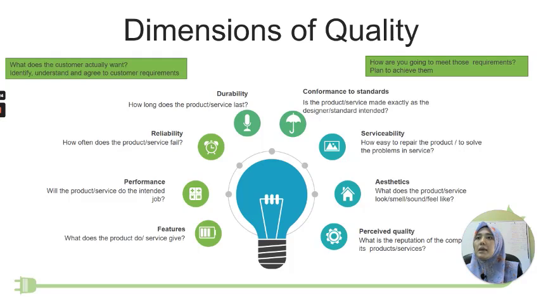Okay, so the dimensions of quality is what does the customer actually want. Okay, so kita kena sentiasa bertanya. That's why a survey is very very important. So bila kita buat sesuatu produk, kita akan tanya, dapatkan feedback daripada kita punya customer. Identify, understand and agree to customer requirement.